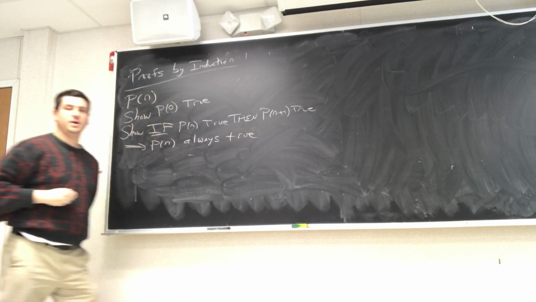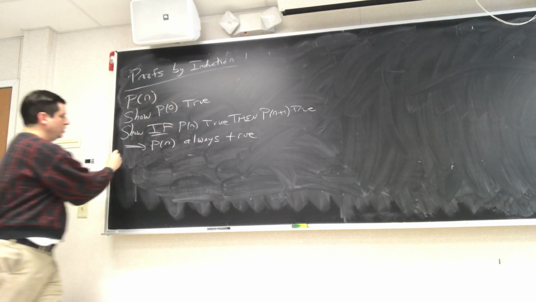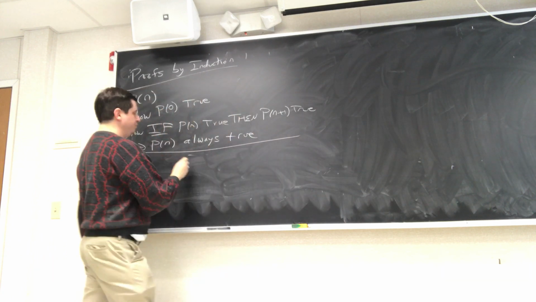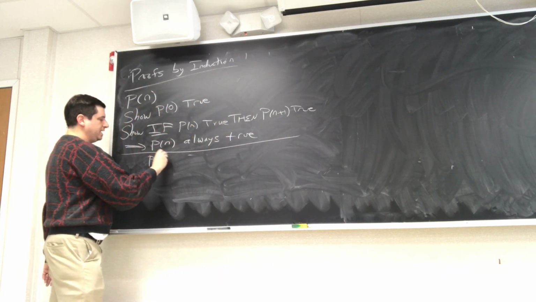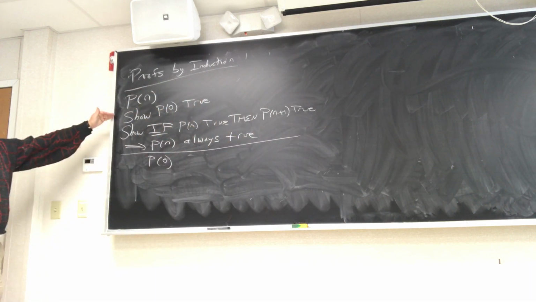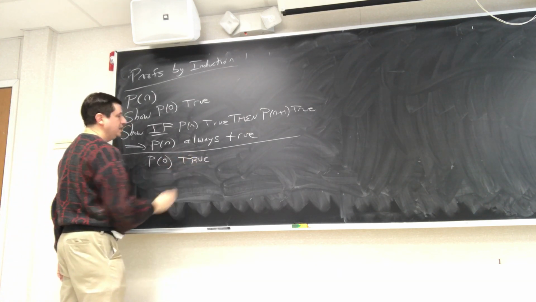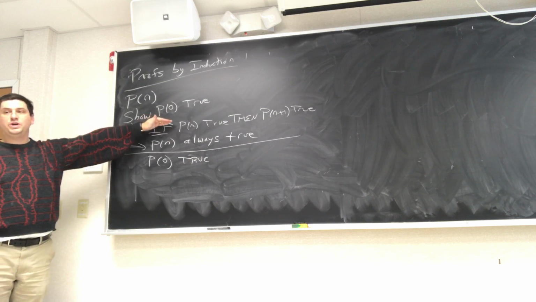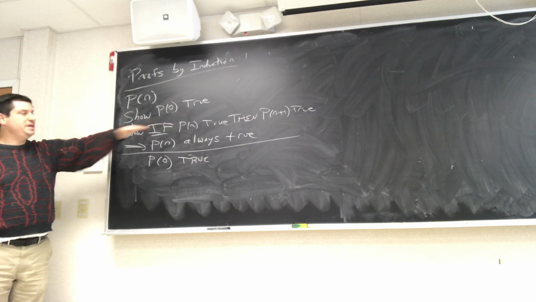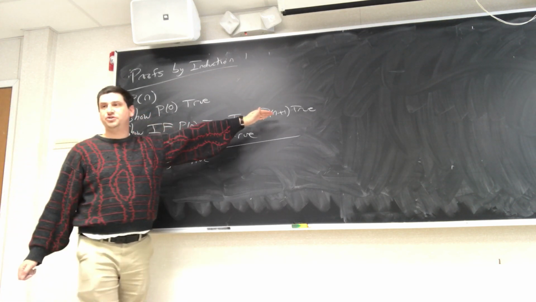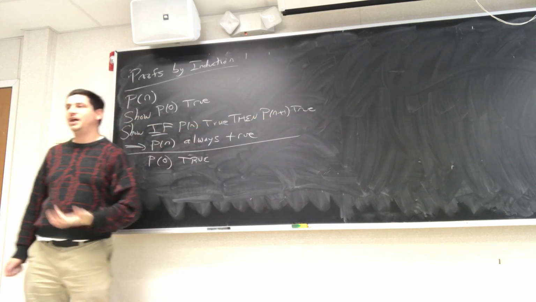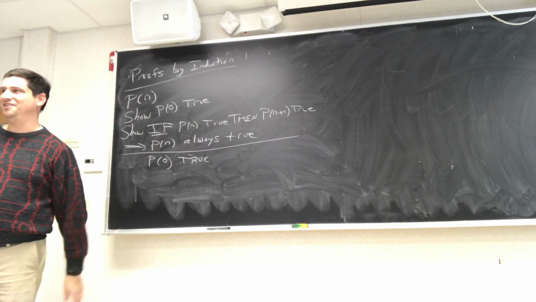So this is how proofs by induction work. Let's go through this. We know by the base case that P0 is true. We've already shown that. Now, we are imagining we are in a world where we've shown if Pn is true, then Pn plus 1 is true. I can choose any value of n. What's a good value of n?